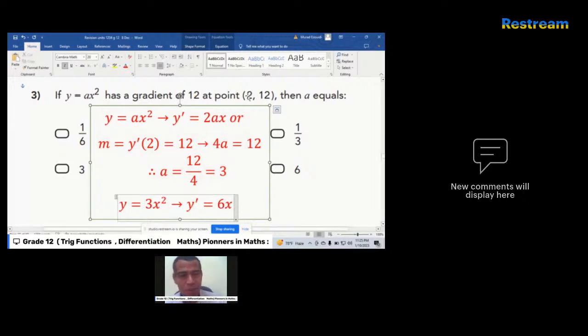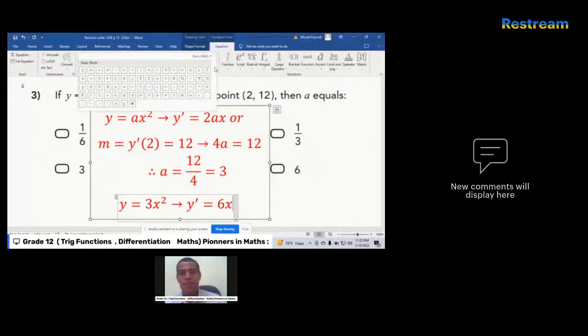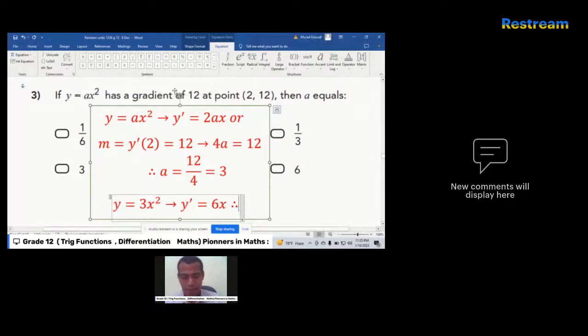And when x equals 2, the gradient is 12, since 6 multiplied by 2 is 12. Therefore the gradient m is equal to 12, just by calculation.